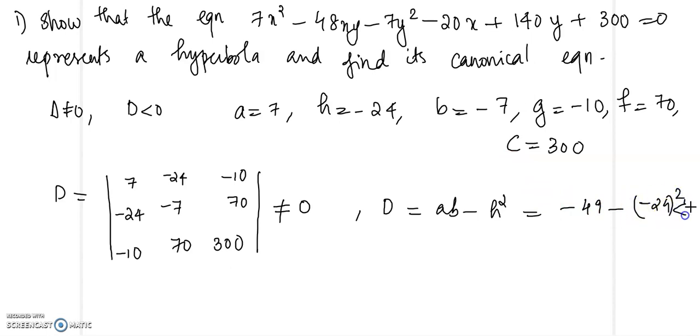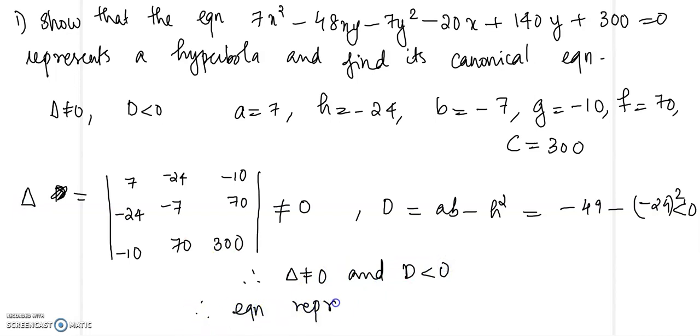So obviously this is less than 0. So therefore delta not equal to 0 and d is less than 0. So therefore the equation represents a hyperbola.